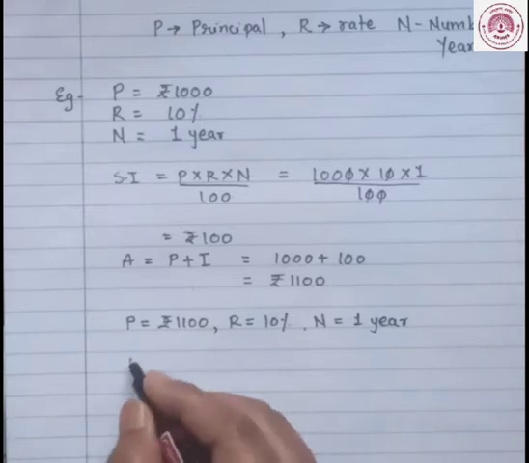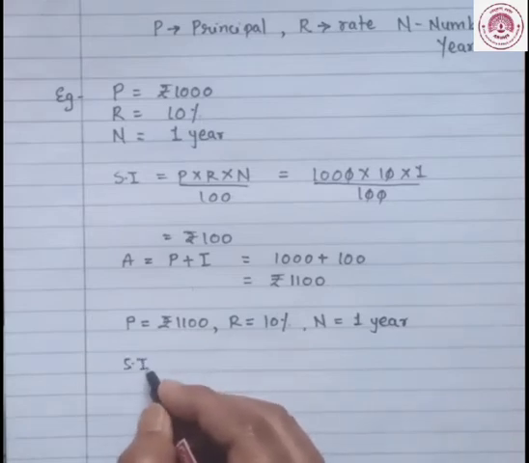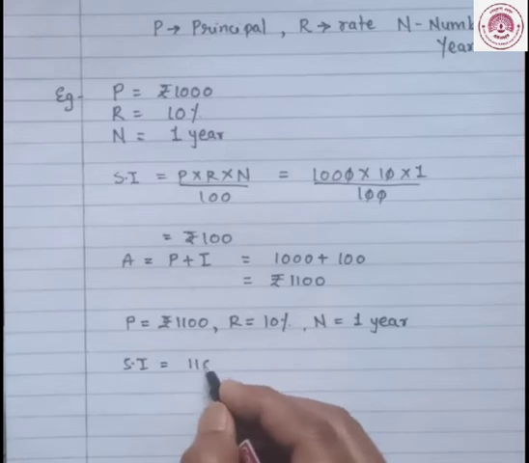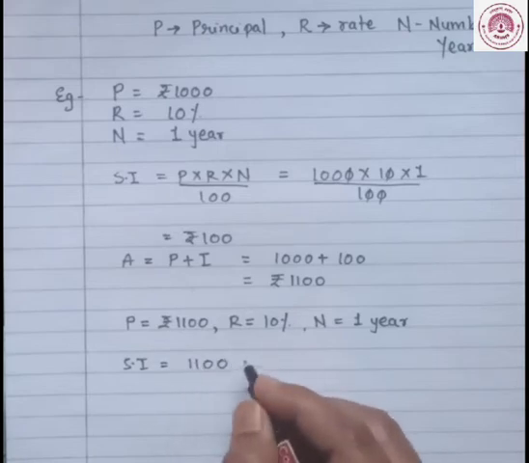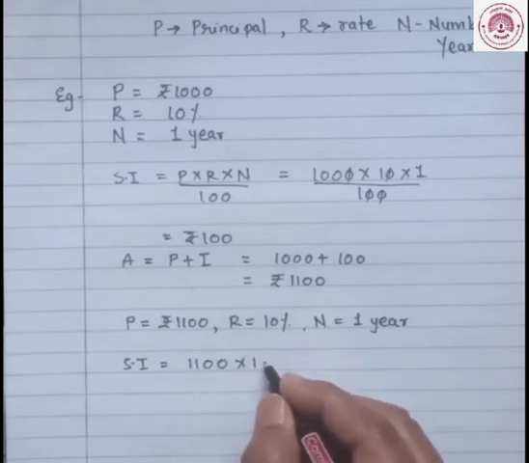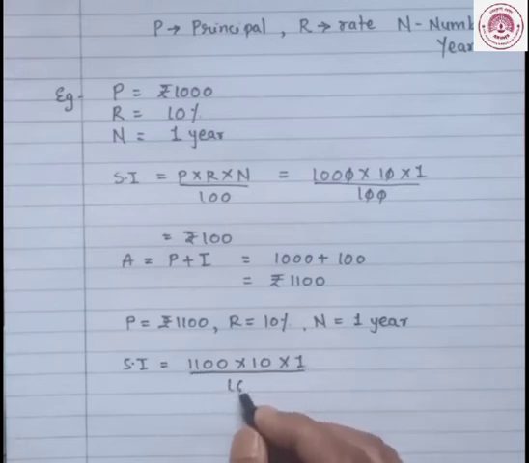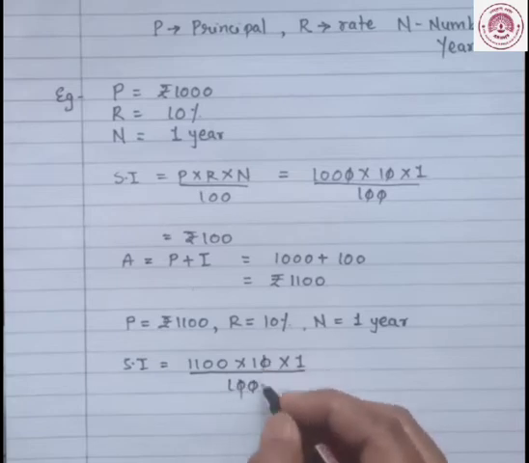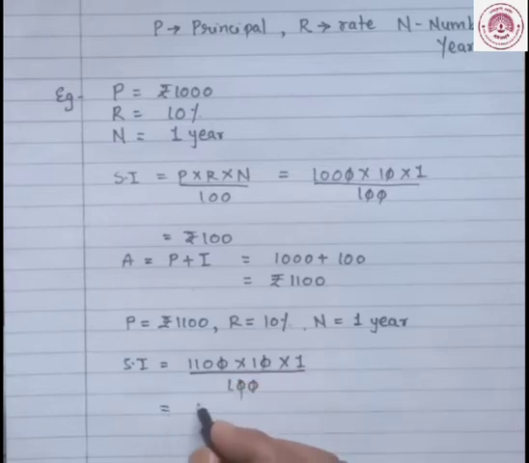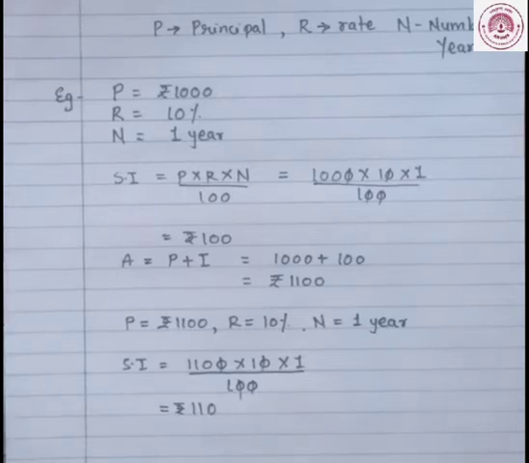Okay, so now again we can find out the simple interest. We'll substitute in the formula: P is equal to 1100 multiplied by R is equal to 10 and number of years again 1 upon 100. After cancelling the zeros, we will get 110 rupees. So at the end of the second year, we will get an interest of rupees 110, right?